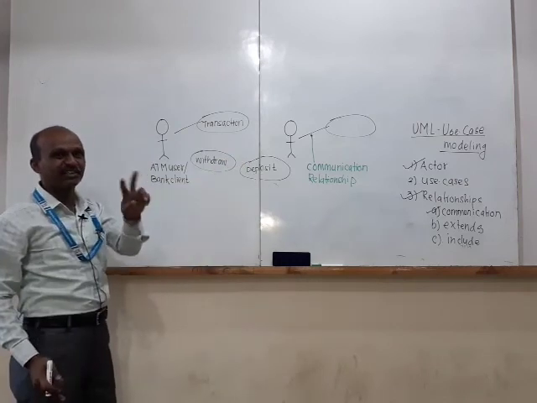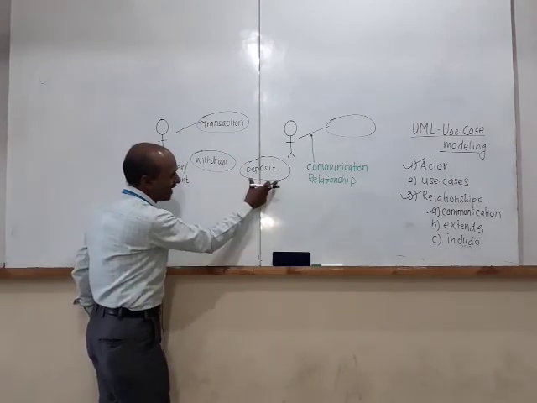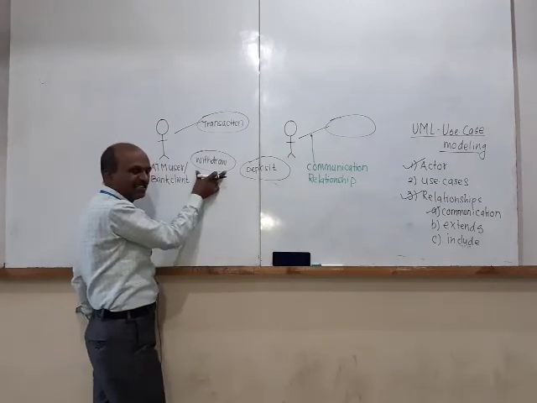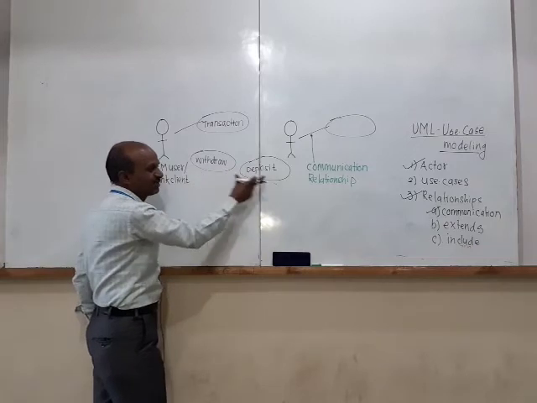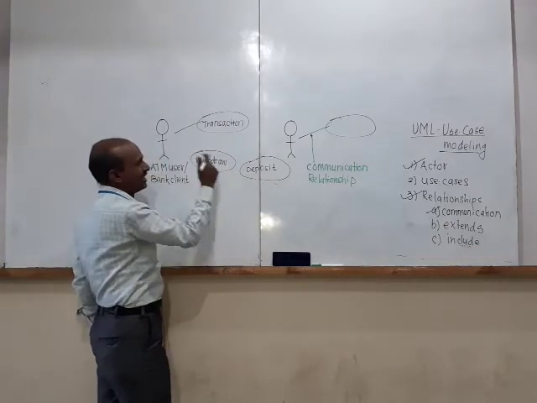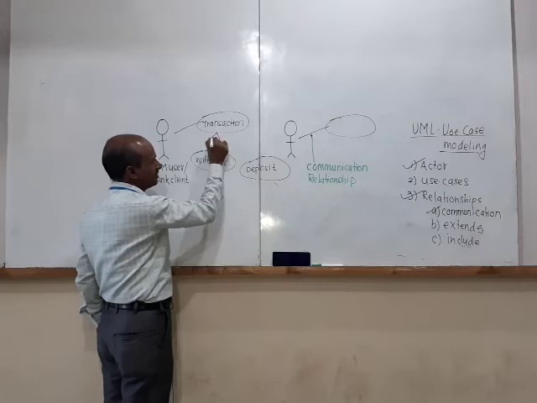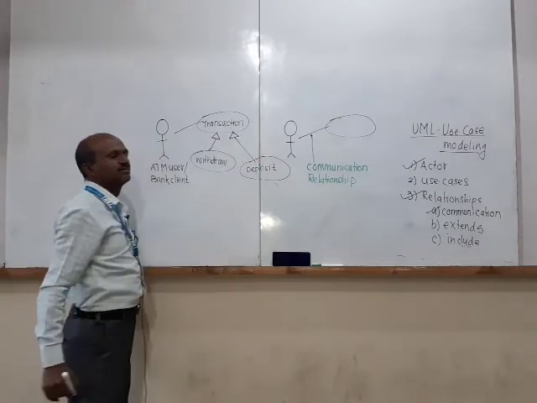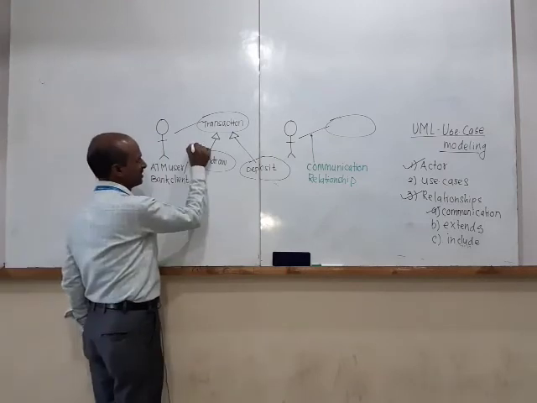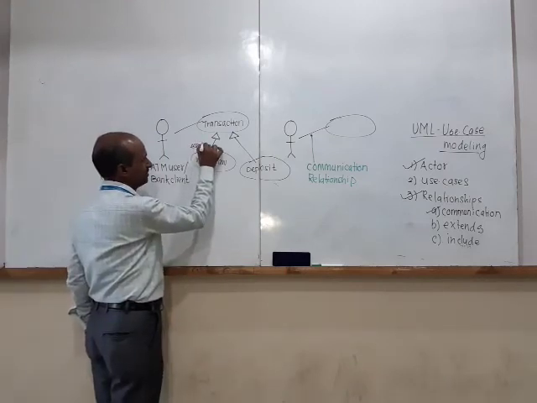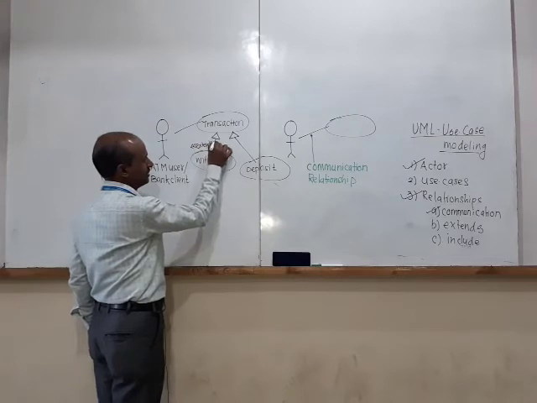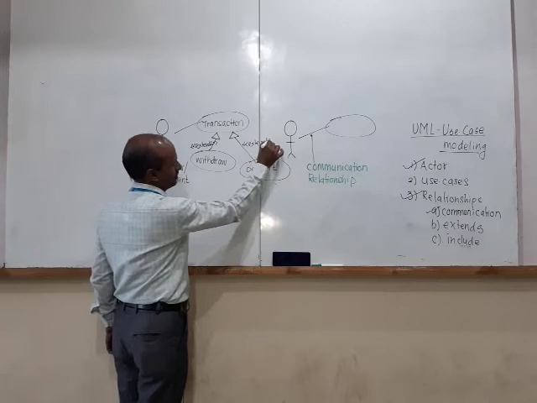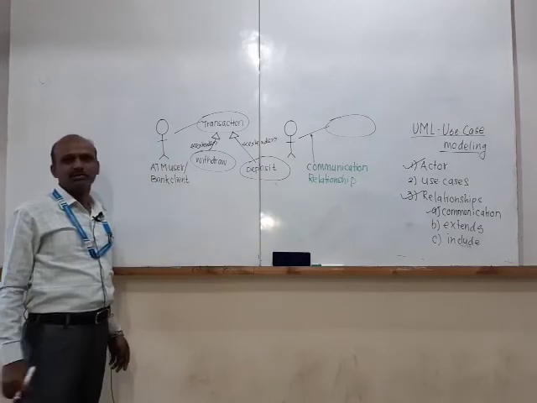Whenever there is an either-or condition, and withdraw and deposit are types of transactions, they are basically transactions but with some extra logic performed. In that case, we put the extend relationship between them.